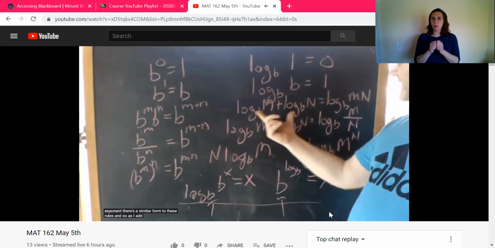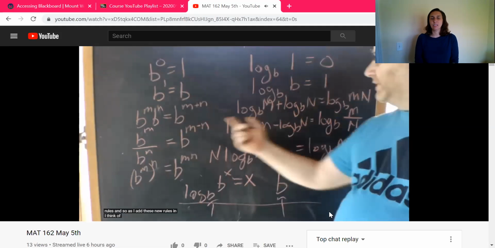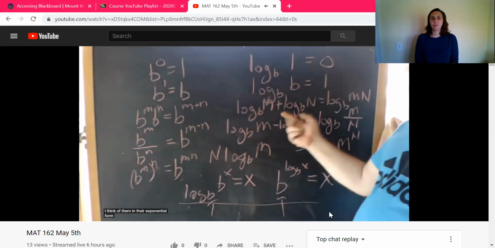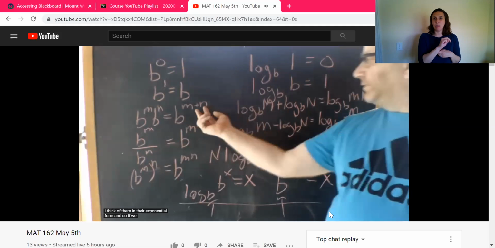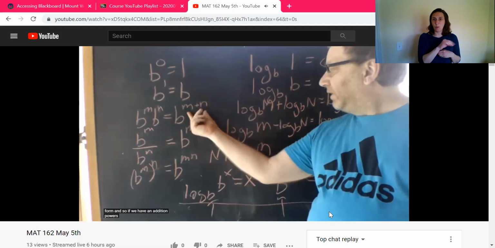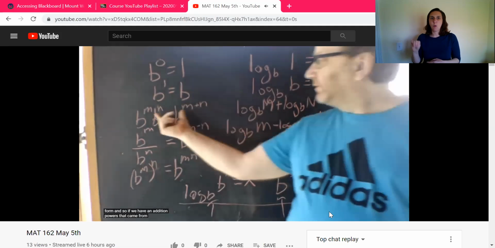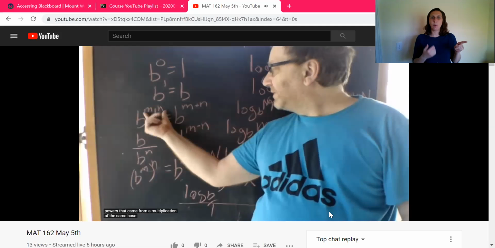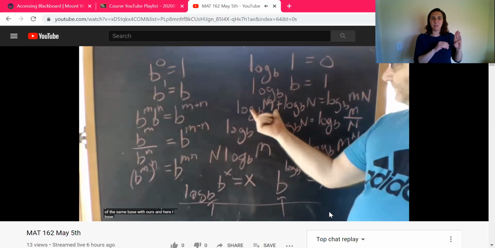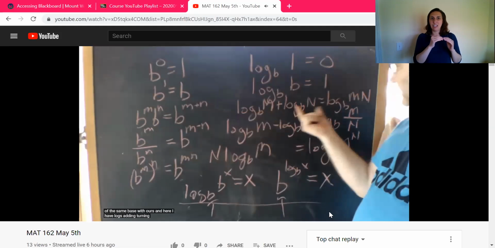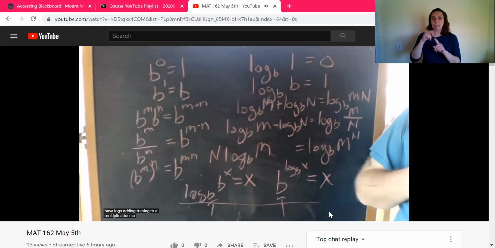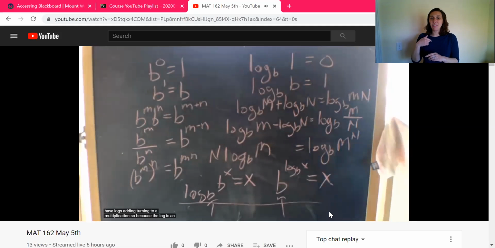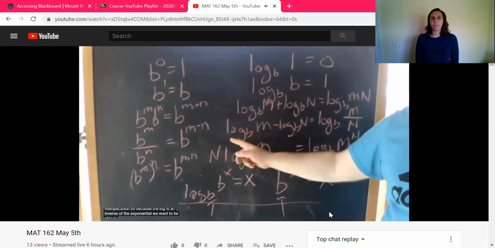And so as I add these new rules in, I think of them in their exponential form, in their log form. And so if we have an addition of powers, that came from a multiplication of the same base with powers. And here I have logs adding turn into a multiplication. So because a log is an inverse of the exponential, we want to be able to see these go through.